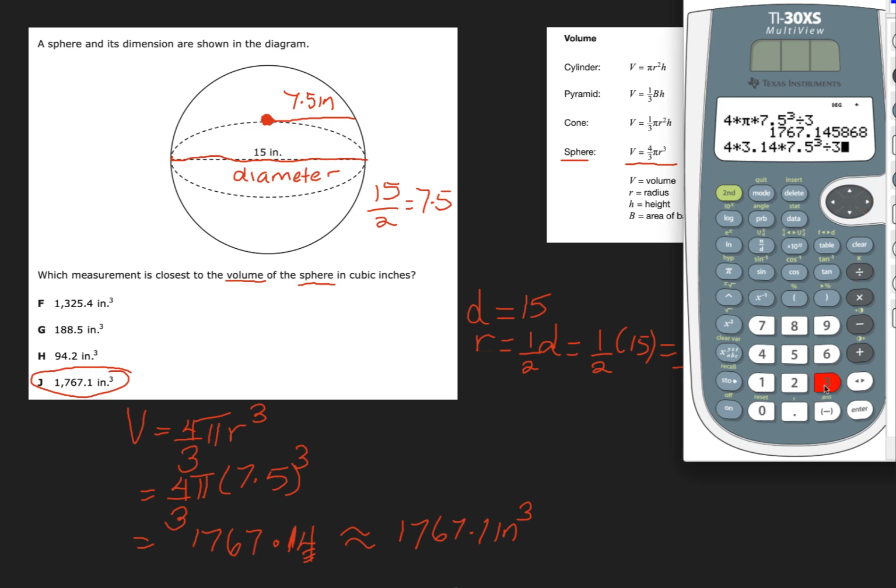You choose which method you like the best because you want to be comfortable using the calculator in the TASC examination. And you hit enter, and notice that our answer is an estimated value because we used an estimated value for pi. Notice it's 1766, and again, because our answers are very far apart, this is the closest to your answer.